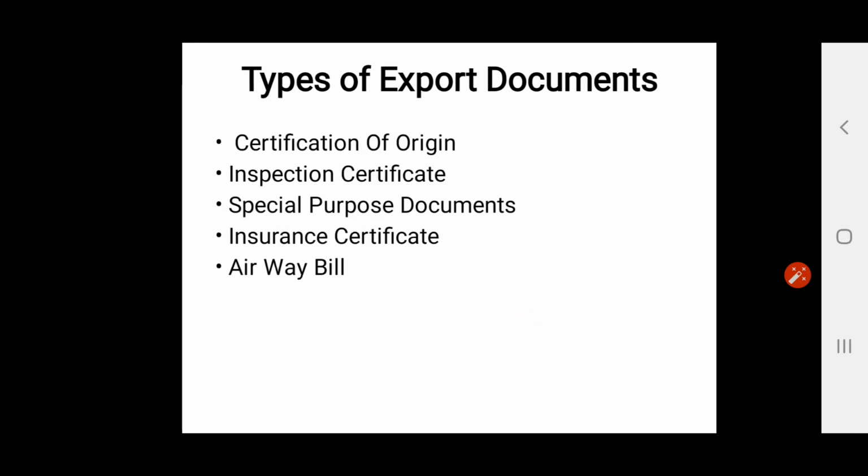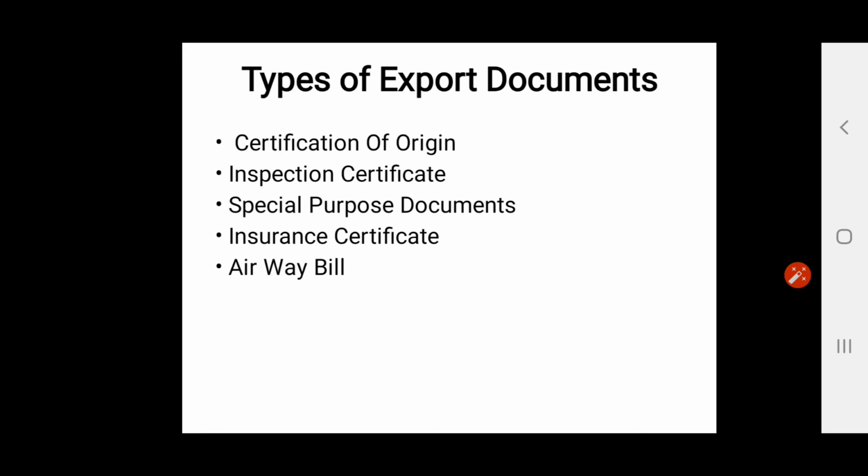And when we come to some other important kinds of documents, the certification of origin, or certificate of origin as it is sometimes called, is also very important. This document is prepared by the exporter. It is an important document for tariff and control purposes.